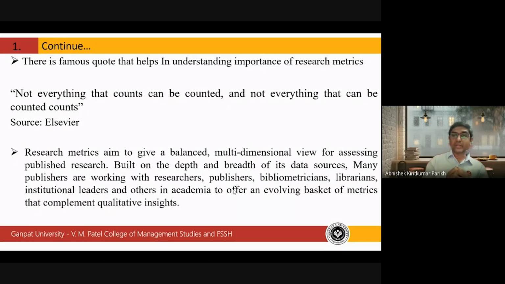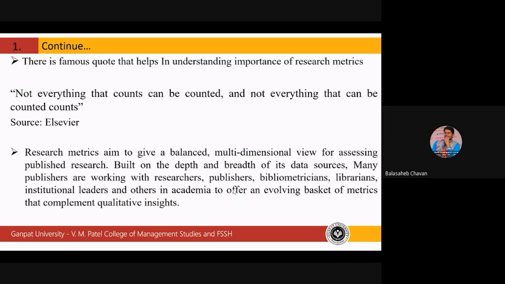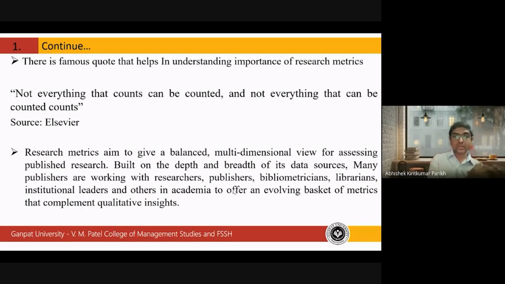Built on the depth and breadth of its data source. Many publishers are working with researchers, bibliometricians, librarians, institutional leaders, and other academicians to offer an evolving basket of matrices. I'm just giving you two examples, and we will cover only two parts. One such organization or publisher is Elsevier, and second is Web of Science.